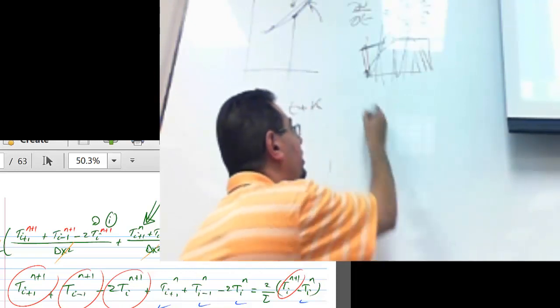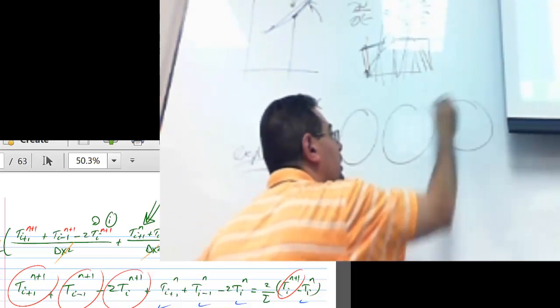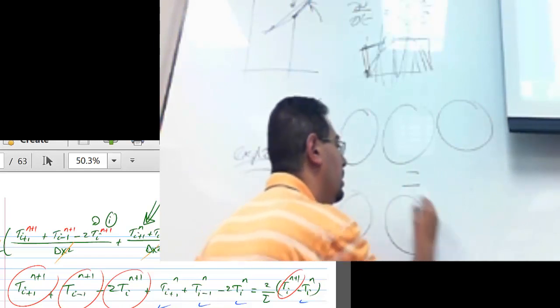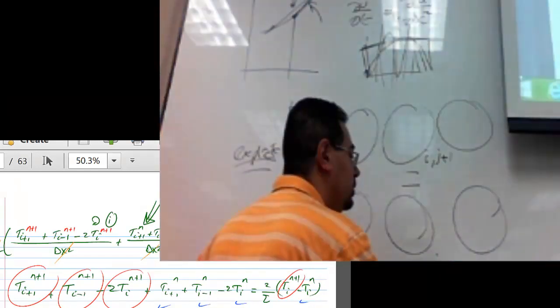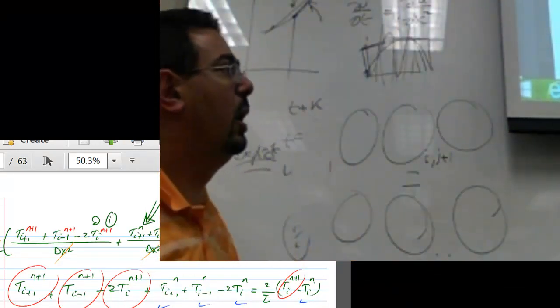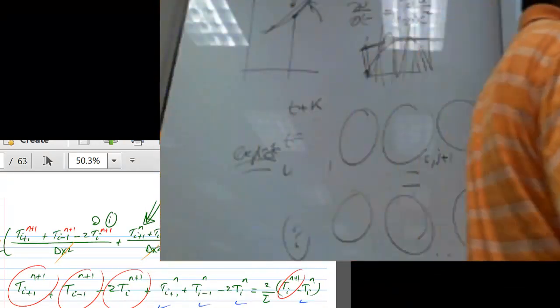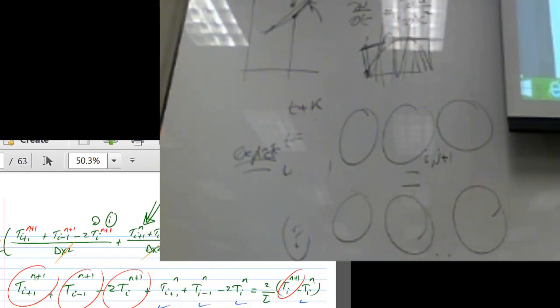So can anyone help? This is i and j plus 1, and this is i and j. So how do we do this? We basically pull all of them to one side, right? And we make all the unknowns on the other side. So the unknown equals the known. The unknowns are this guy, this guy, this guy, and let's bring this guy over here.